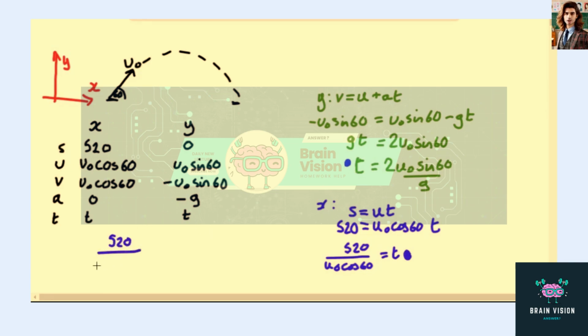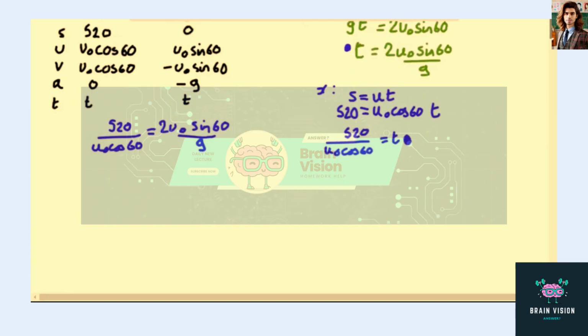520 divided by u0 cosine 60 is equal to 2 u0 sine 60 over g. Let's scroll down a little bit and rearrange for u0, making u0 the subject.